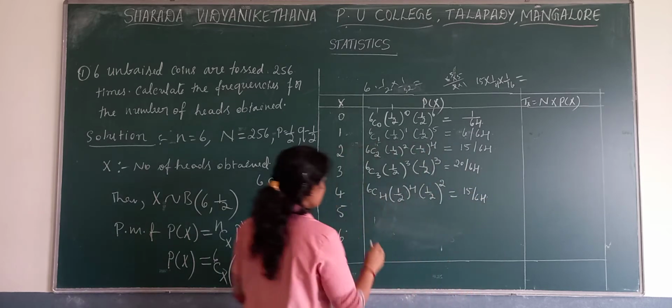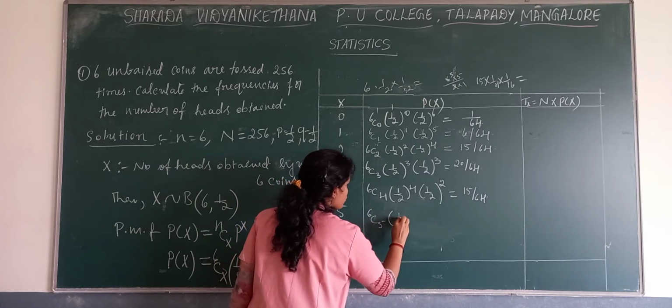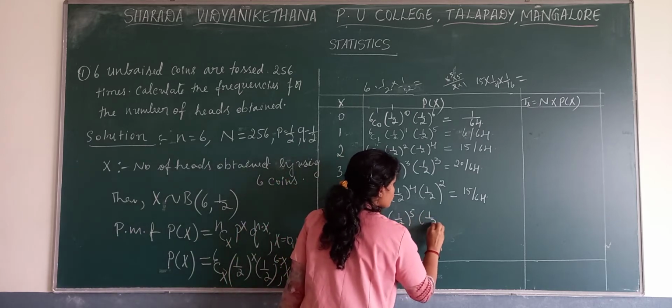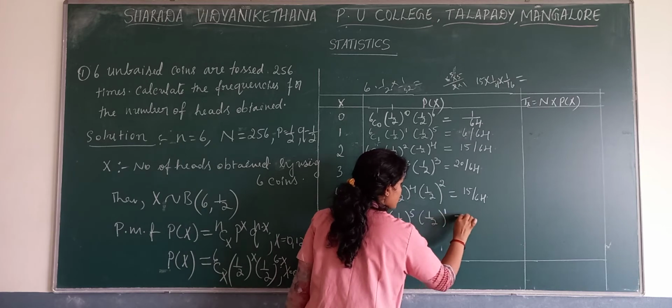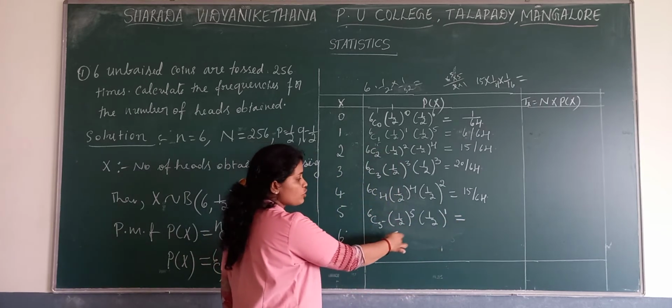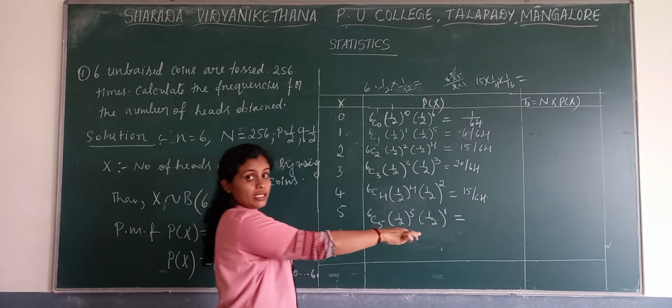The next one, 6C5 into (1/2)^5 and (1/2)^(6-5), that is 1. 6C5 means 6 into 5 into 4 into 3 into 2 divided by 5 till 1.